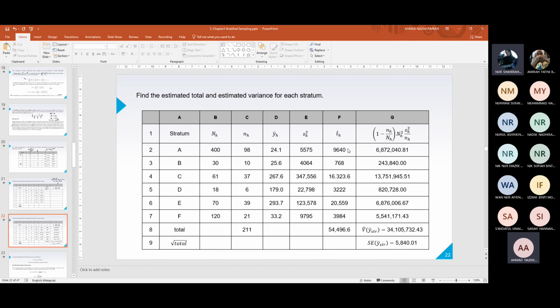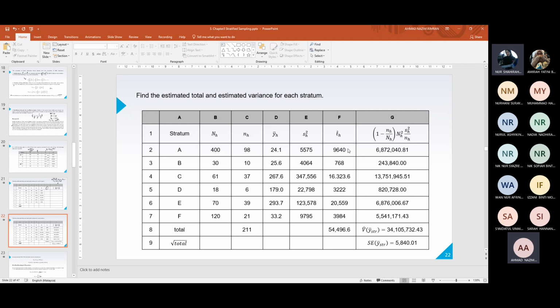This is the kind of question I usually set too, because at the end of the question, I will ask you to calculate the confidence interval.